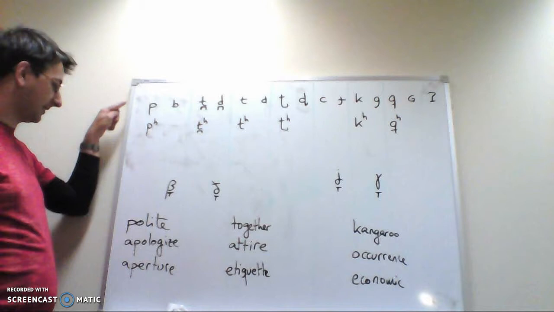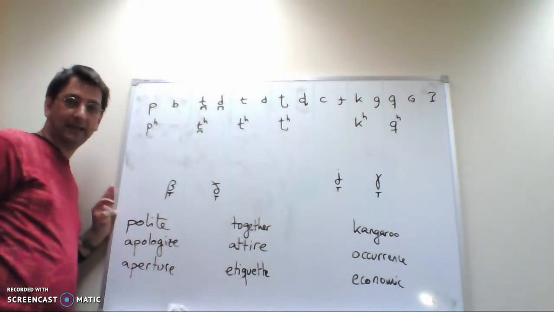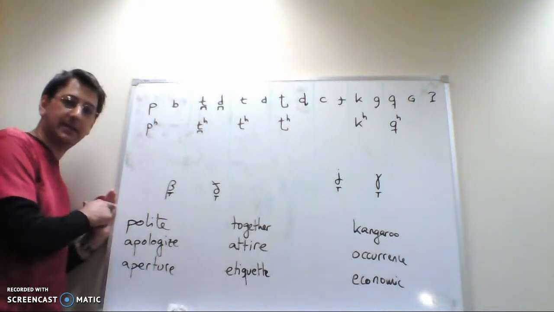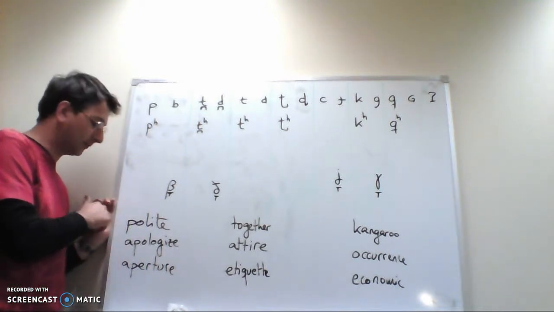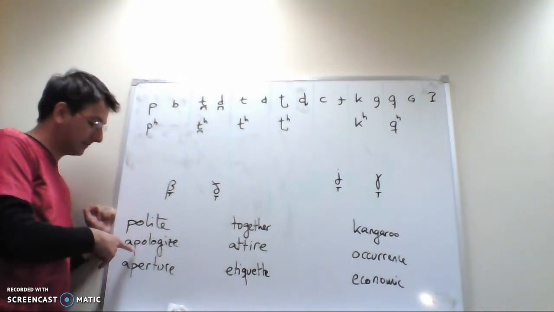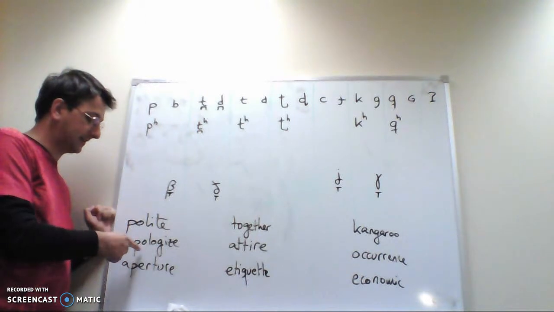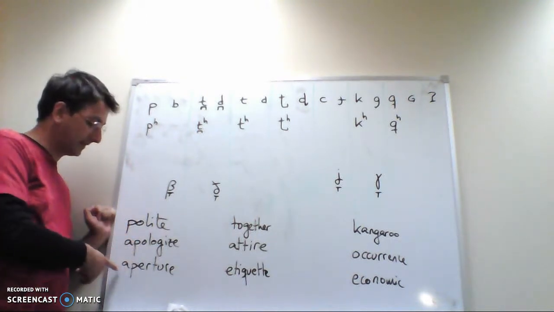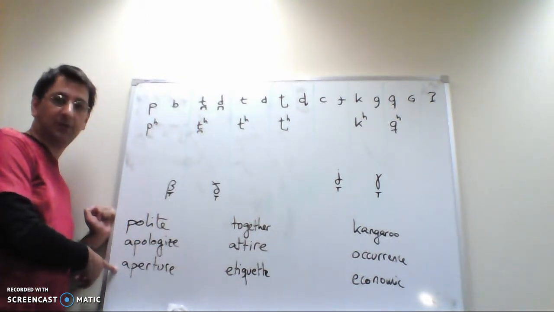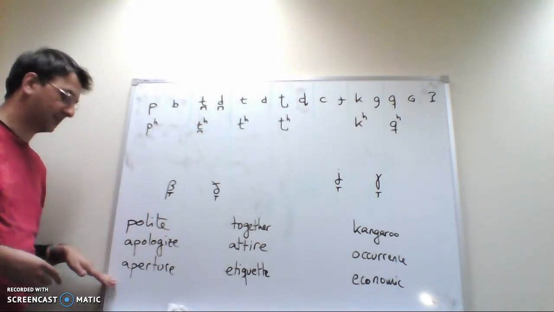So in the P series, for example, you get polite with the aspiration because this P is at the beginning of the word. You get apologize, also aspirated, because even if it's in the middle of the word, it is in the stressed syllable. But then you get aperture with no aspiration at all, because that's the elsewhere condition, right?